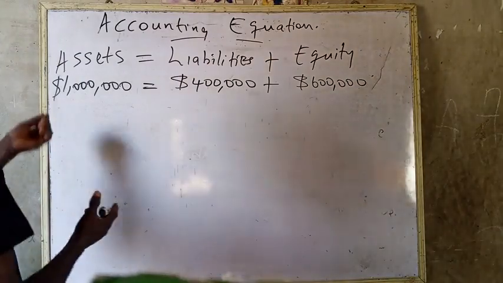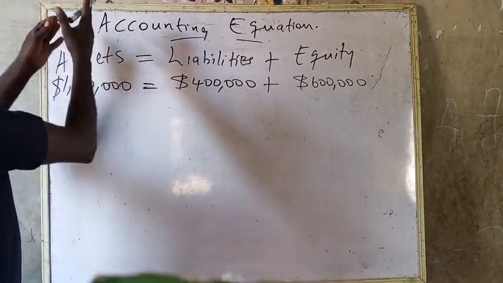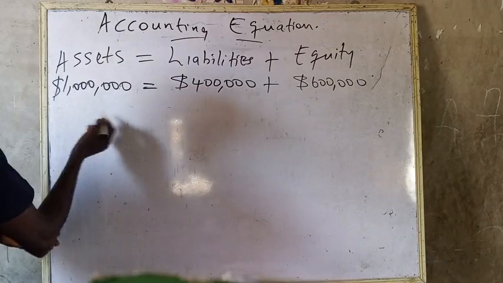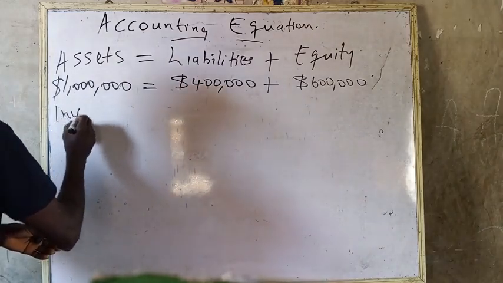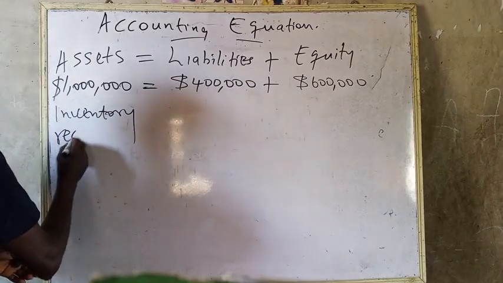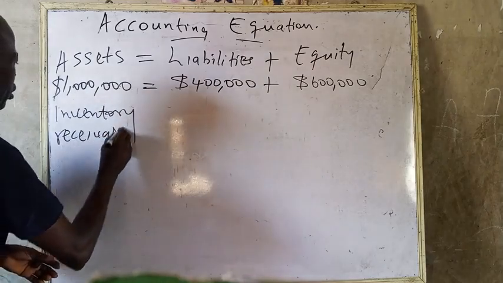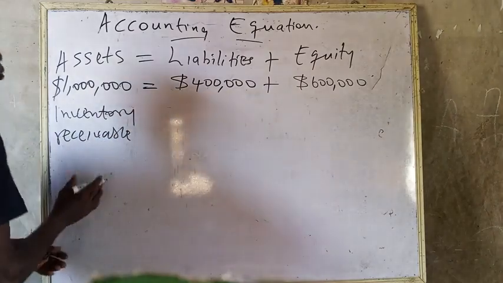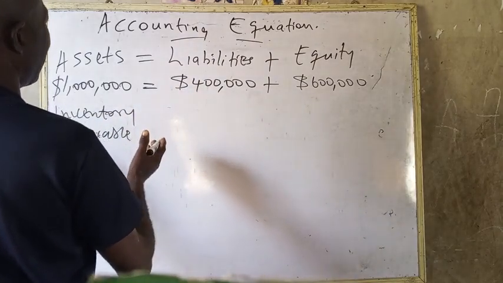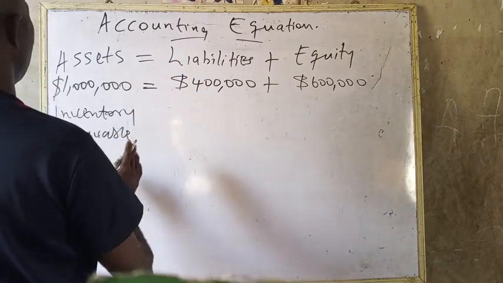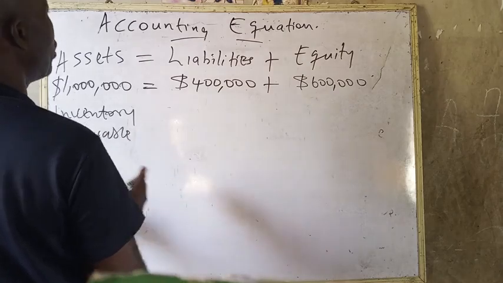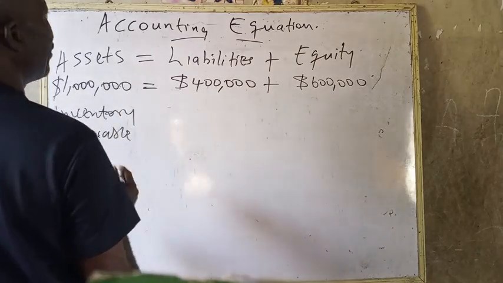For example, as I mentioned, let's say in the balance sheet, assets are, like I've mentioned, inventory, receivables. This is just for examples. See, in the balance sheet, there is a classification of assets, liability, and equity.